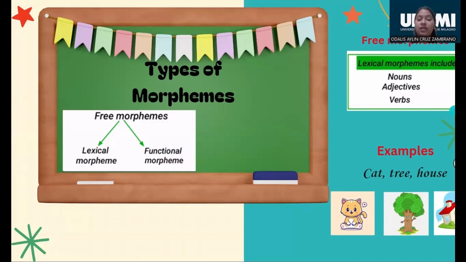Lexical morphemes are words that have meaning of their own and name things or ideas, okay? These words name things we can see or imagine. These morphemes include nouns, adjectives, and verbs. For example, we have cat, tree, house, etc.